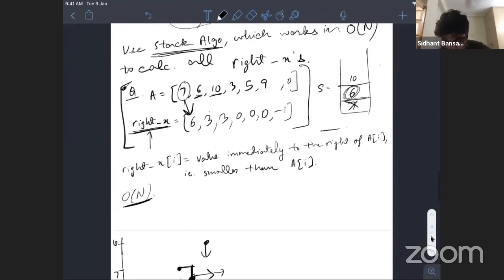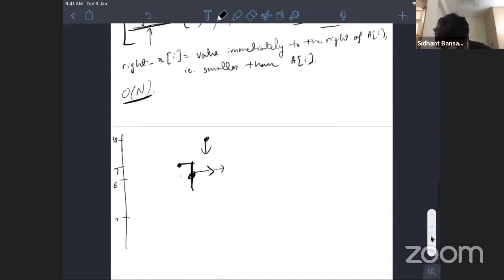So when 6 goes to 10, then it sees 3. 3 is actually somewhere here, right? The next point comes somewhere here. Now, after putting in 3, we need to pop out 6. We even need to pop out 10. So initially the stack was 7. Then we pushed in 6, so 7 got popped out.